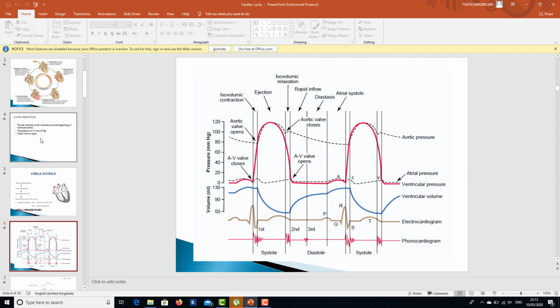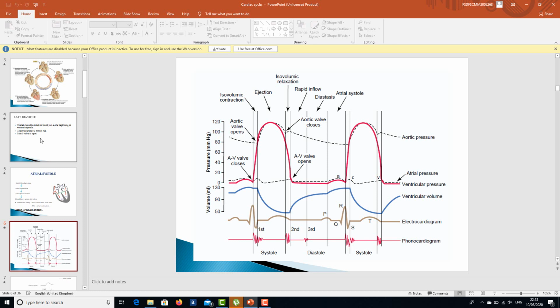You can see that there are different pressure changes in the aorta, pressure changes in the ventricles, then volume changes, then pressure changes in the atria, and we have the electrocardiogram and phonocardiogram. Now all these aspects can be asked separately or collectively, in some MCQ as well as in some SCQ.